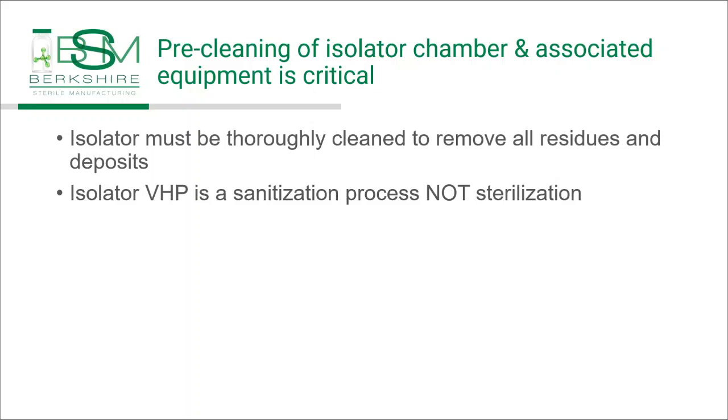So if you have a surface with a residue on it and you have a spore or bacteria trapped under that residue, it's very likely that that spore would be protected by the residue on top of it, and you won't achieve sterilization or good sanitization. So it's very critical that the isolator be cleaned thoroughly and there's no residue left on it.